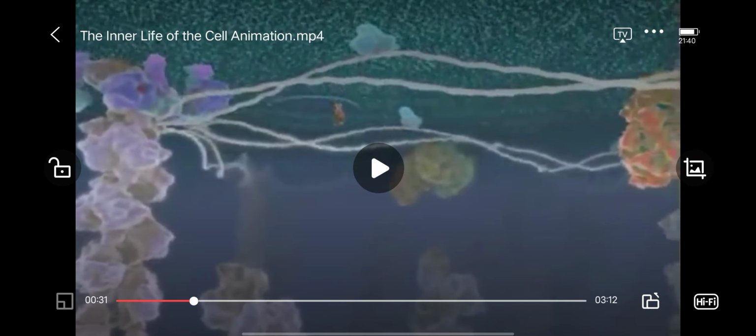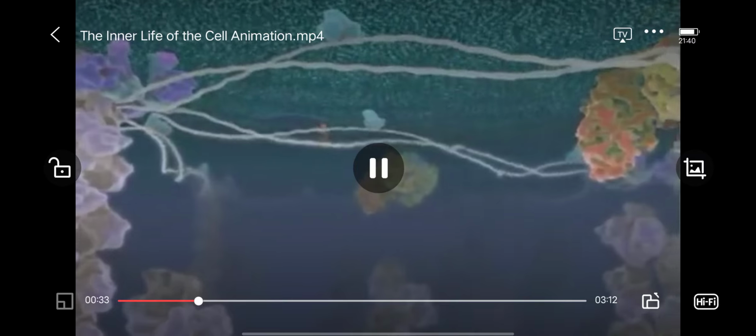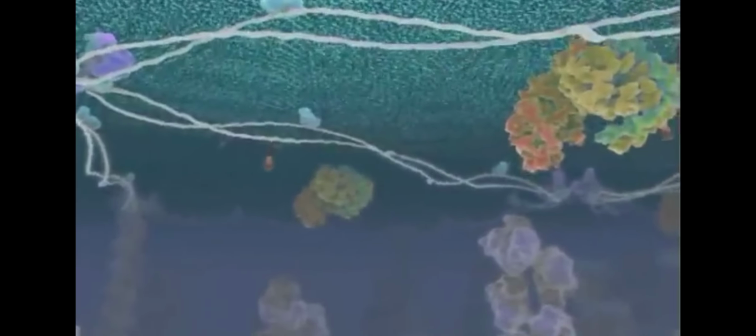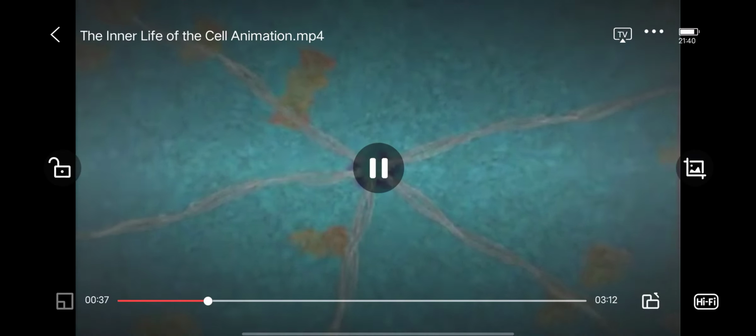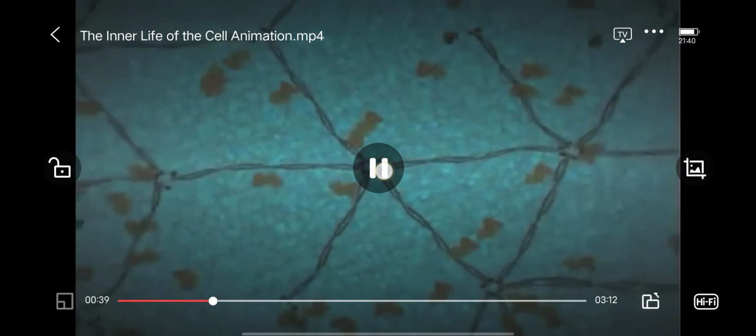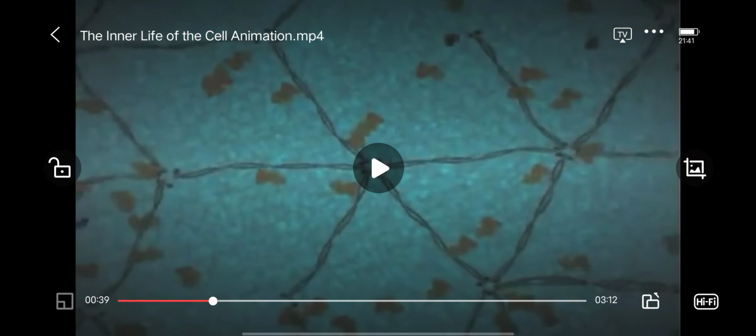Inside the cell membrane, you can see the cytoskeletal structure giving support to the cell membrane. You can see the whole cell is supported by the cytoskeletal structure, isn't it? The microtubule and the microfilament and intermediate filament.